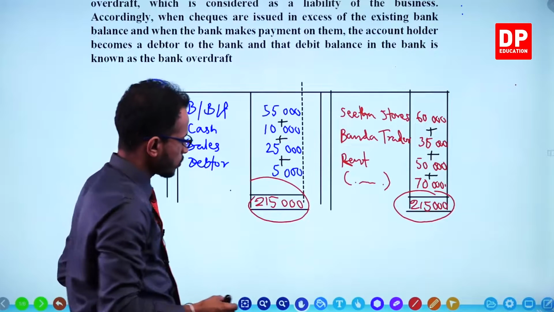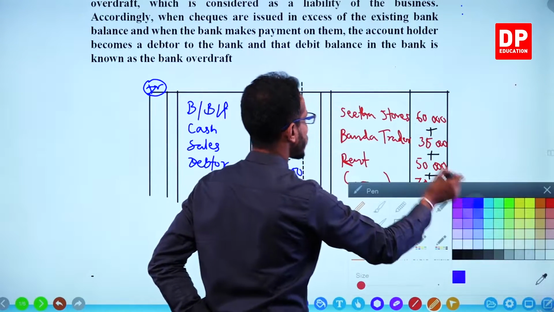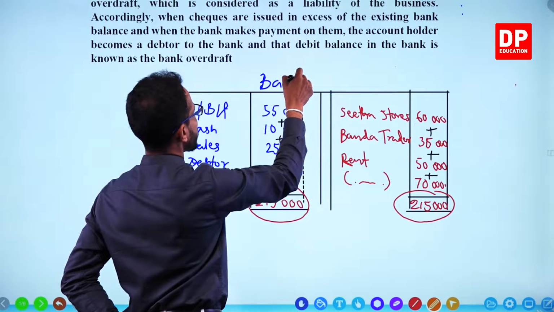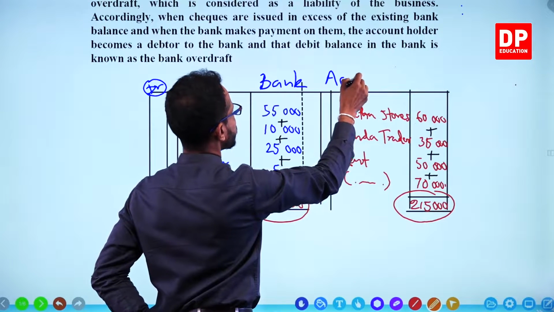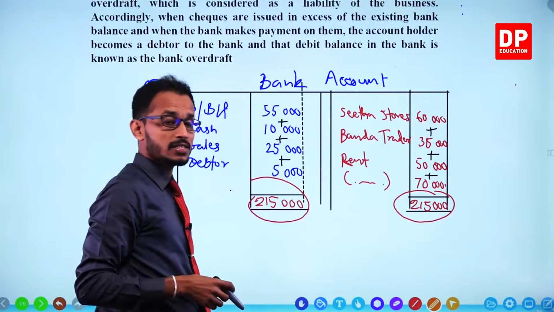Balancing the bank account. When balancing this bank account, children, something like this is going to happen.